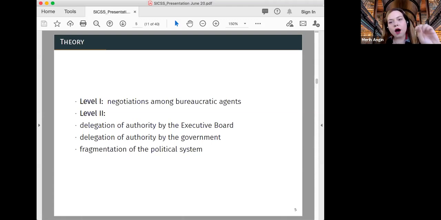So a high degree of fragmentation in the political system therefore demonstrates itself as weakened bargaining power for the recipient country at the negotiations, resulting in increased scope and number of conditionalities in the program.